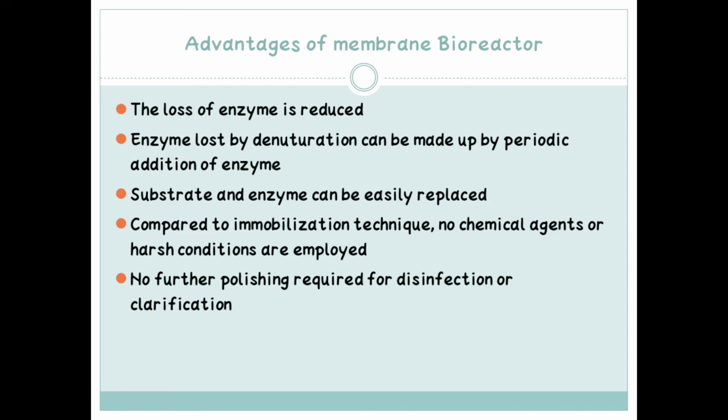Enzyme lost by denaturation can be made up by periodic addition of enzyme. Substrate and enzymes can be easily replaced. Compared to immobilization technique, no chemical agents or harsh conditions are employed. No further polishing is required for disinfection or clarification.